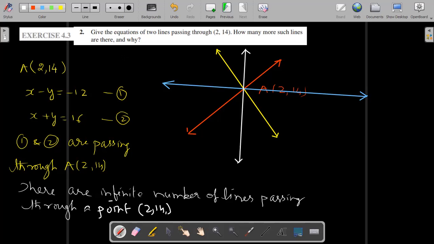Why? Because we can make an infinite number of lines that satisfy a point. This point can satisfy an infinite number of lines which are passing through it. That is the reason.